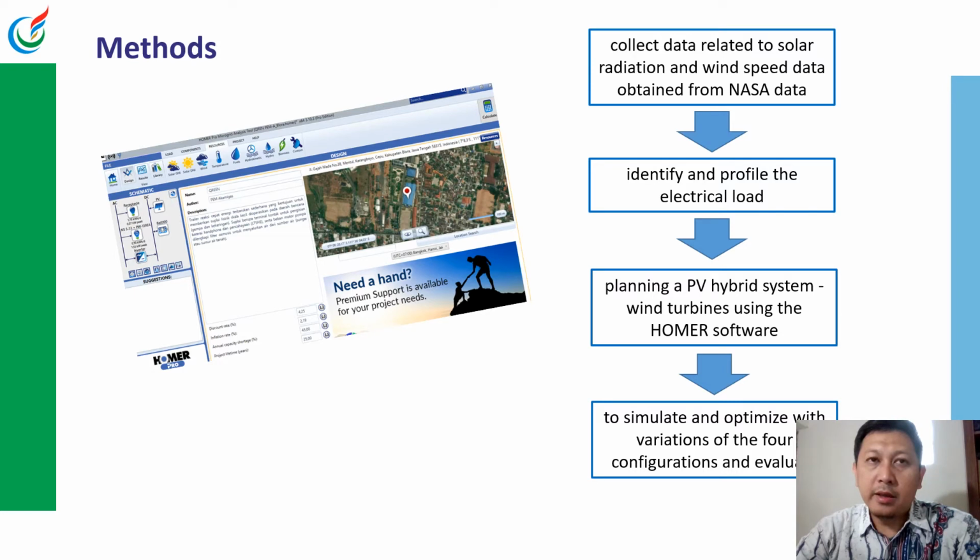Second, identify and profile the electrical load. Third, plan a PV hybrid wind turbine system using the HOMER software. Fourth, simulate and optimize with variation of four configurations and evaluate.